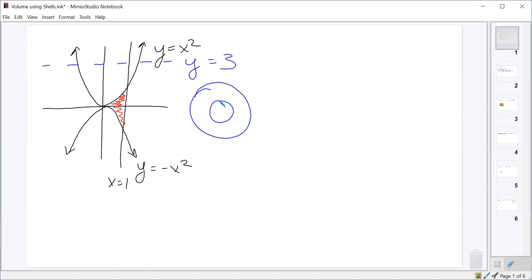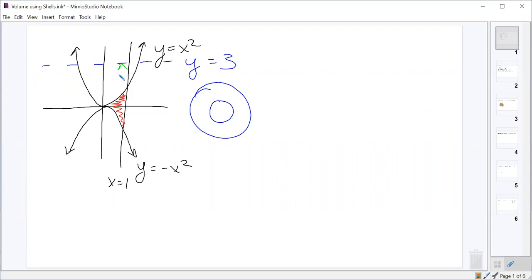Then we have to figure out what's the outer radius and what's the inner radius. That's where things get slightly more complicated. If we want to find the outer radius, we're revolving around y equals 3. The outer radius should extend from 3 all the way down to the lower function, the negative x squared function.